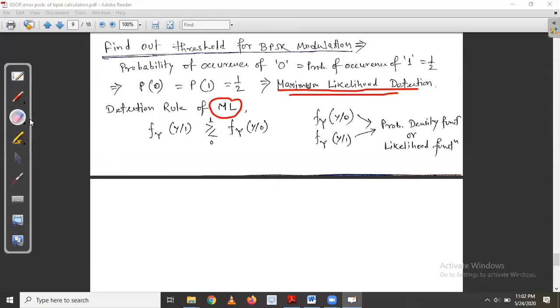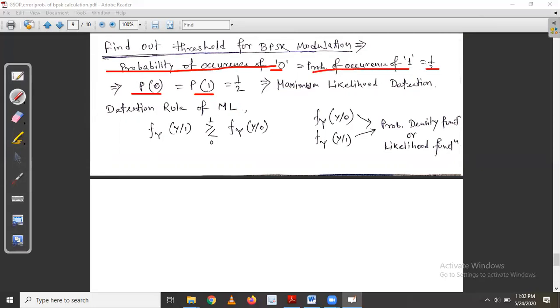First you should know that the probability of occurrence of 0 and the probability of occurrence of 1 are both equal, and the total probability is 1. So individually both are half, because the total probability of anything is 1. So the probability of occurrence of 0 is equal to the probability of occurrence of 1, which is equal to half.